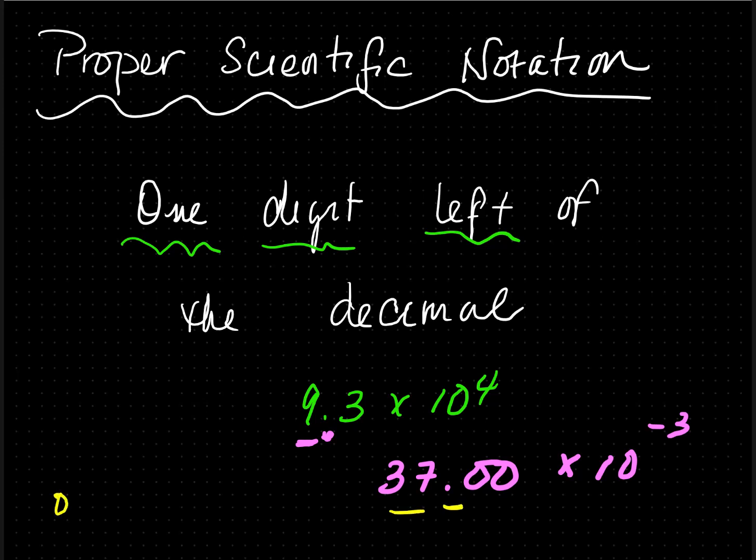If I have a number that's 0.011 times 10 to the seventh, this example is also improper scientific notation because there is no digit to the left of the decimal. That digit must equal 1 or be greater than 1 and less than 10.